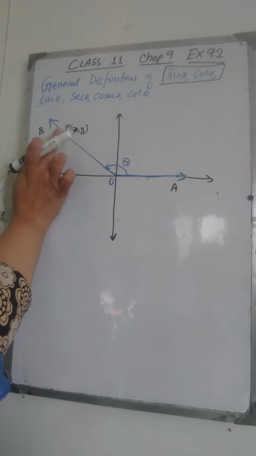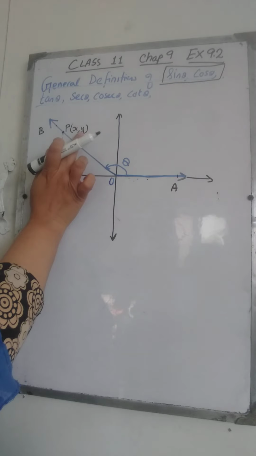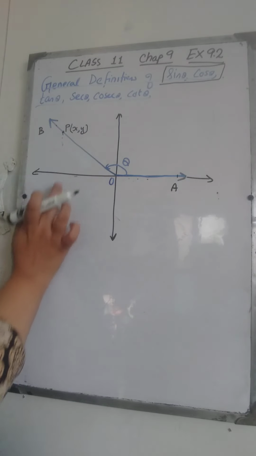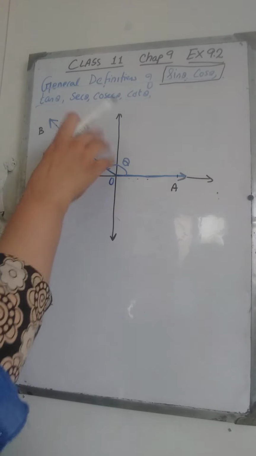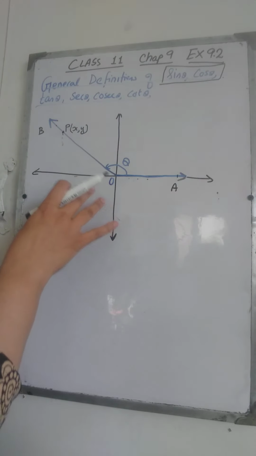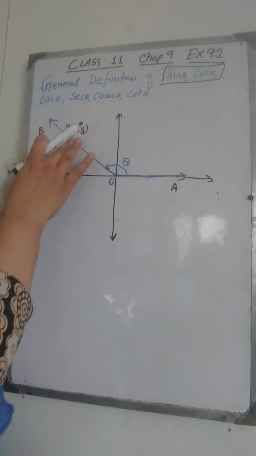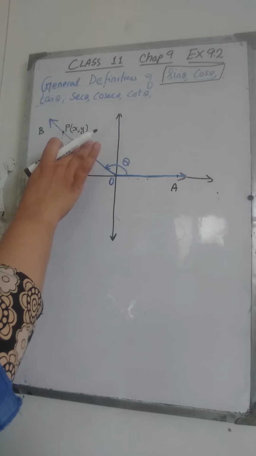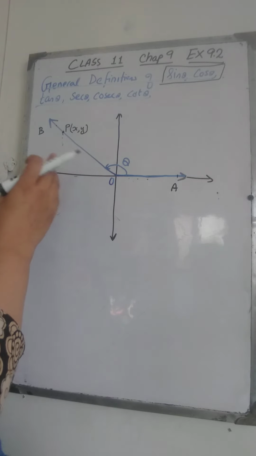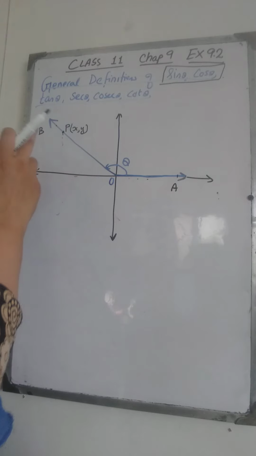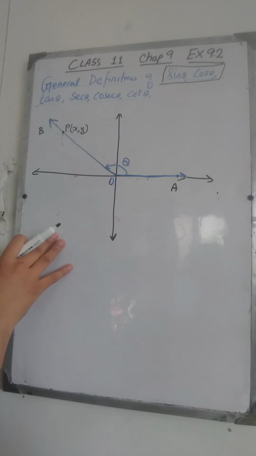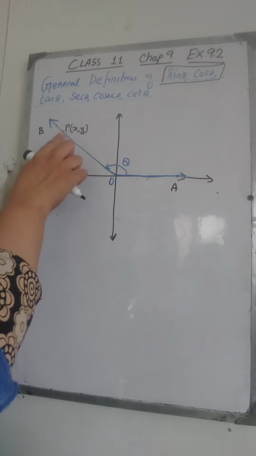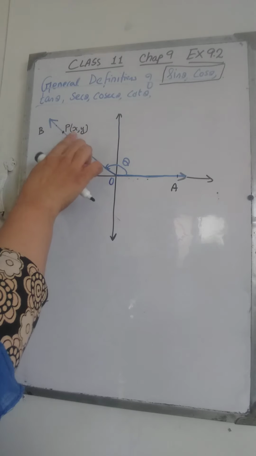Let x be the x coordinate of this point and let y be the y coordinate of this point. It will have some coordinates because it's a coordinate system. For example, x in this corner will be negative and y will be positive. So it can be, for example, -2 or 3 or any point of that sort. So you are going to take point P and note down its coordinates.